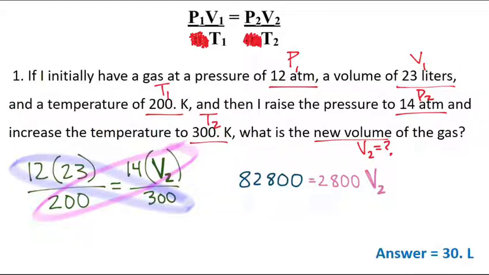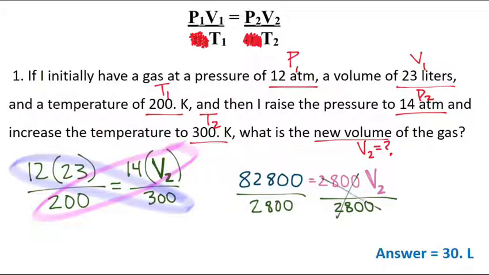So to get rid of this, and one of the reasons it's so important to write the unknown variable is because at this step, after you've cross-multiplied, we're always going to be dividing by whatever number is with the unknown that we want to get by itself. So here we're dividing by 2800.